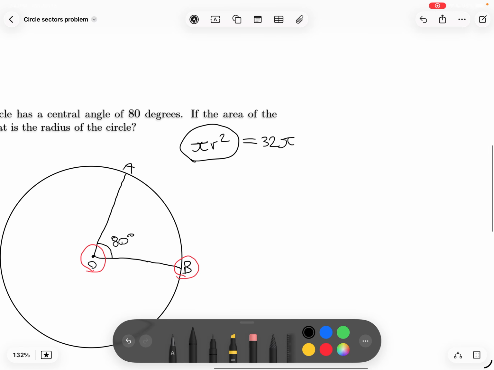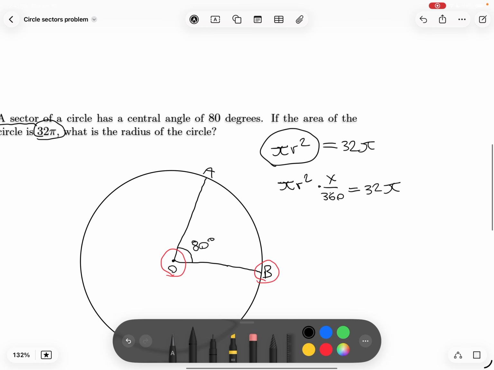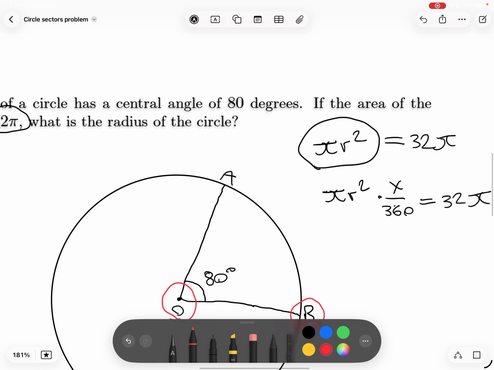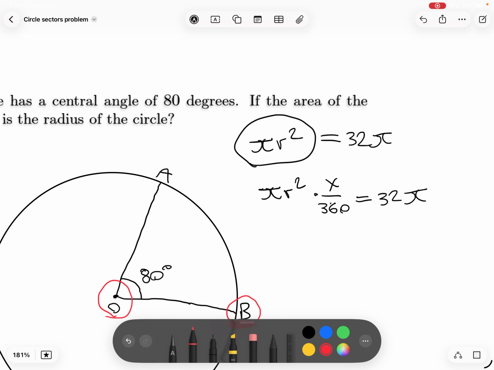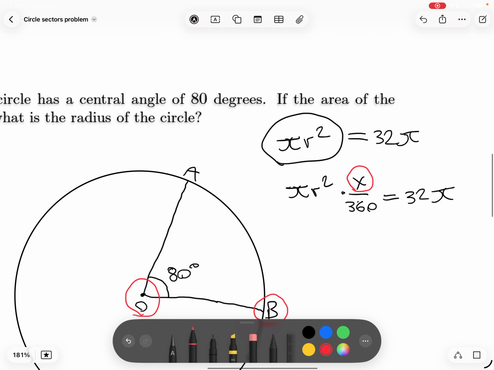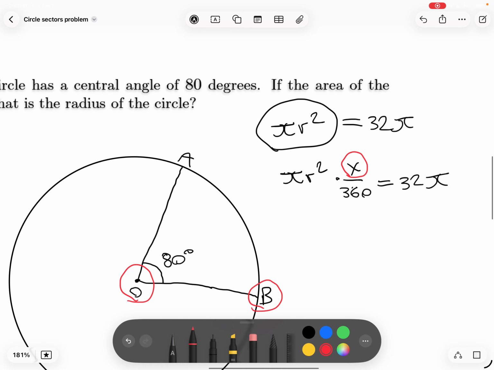Our formula starts with pi r squared times x over 360, equal to our 32 pi, because that's what they said the area was. Here, r is the radius of the circle, the variable we're solving for, and x is the central angle, which in this case is 80 degrees.